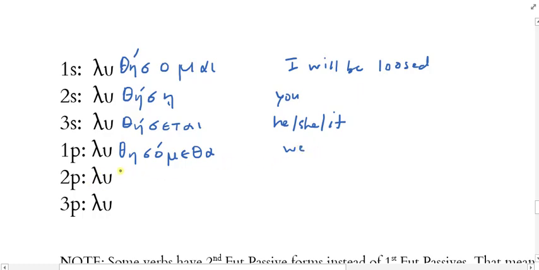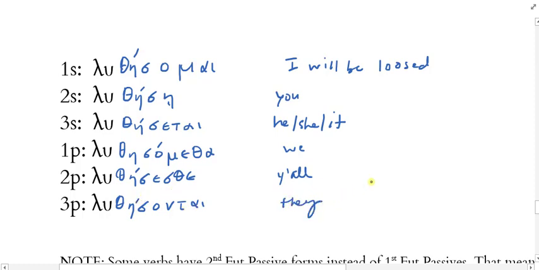Second plural, lu, they, what? Ses, they. Lu, they, ses, they. And that means y'all will be loosed. And finally, lu, they, san, tai, and that is they will be loosed.